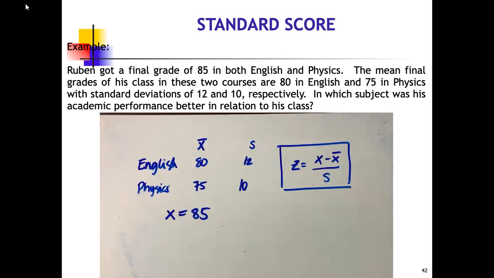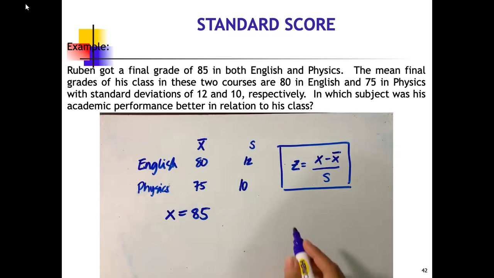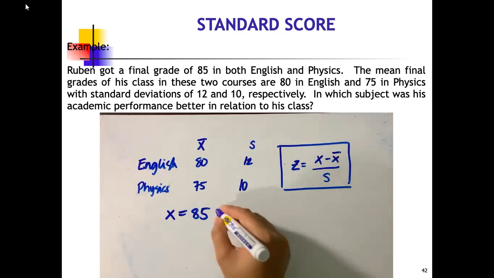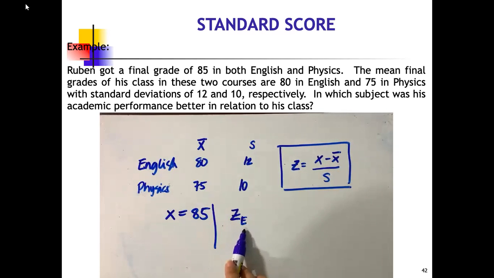In this case, we are going to standardize, or get the standard score of his grade of 85 in relation to the performance of his entire class. So let us compute the z-score in English. Let me make use of the subscript E to indicate that we're computing the z-score of his 85 grade in English.